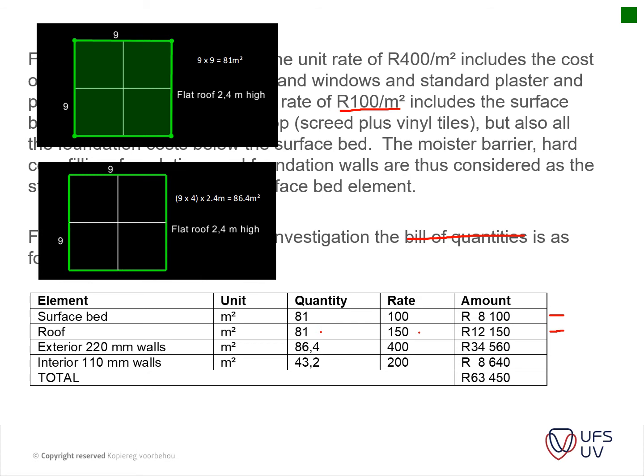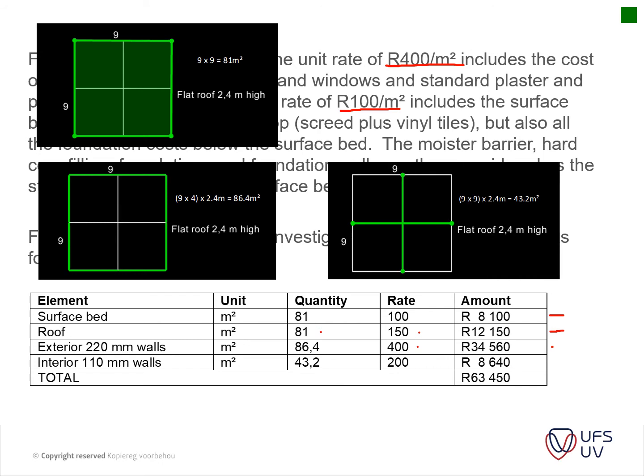It is basically the 9 by 9 perimeter times a height of 2.4 to actually get the square meter area, and thus we use the 400 Rand per square meter to calculate that.